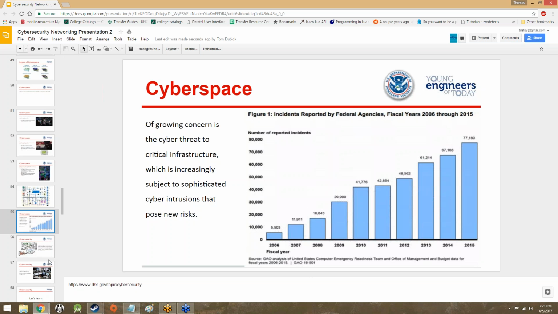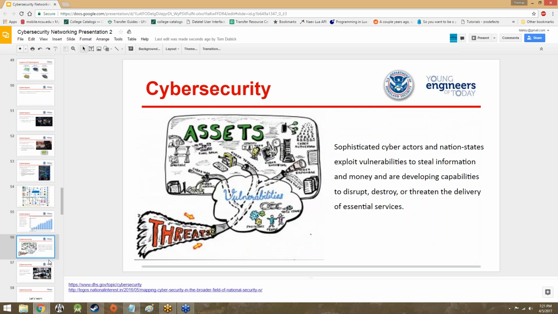There's more that can go wrong. Sophisticated cyber actors and nation states exploit vulnerabilities to steal information and money and are developing capabilities to disrupt, destroy, or threaten the delivery of essential services. That is a very real threat that is becoming more and more of a prevalent concern with first world nations around the world. Well, all nations around the world.